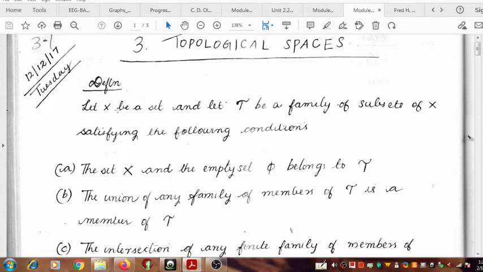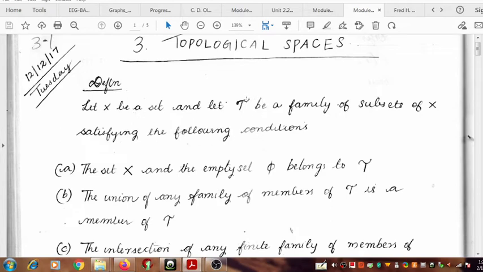You can consider any of these subsets. Any of these subsets can be included in the family. This can be called the family of subsets. So in this family of subsets we can include any subset of X.